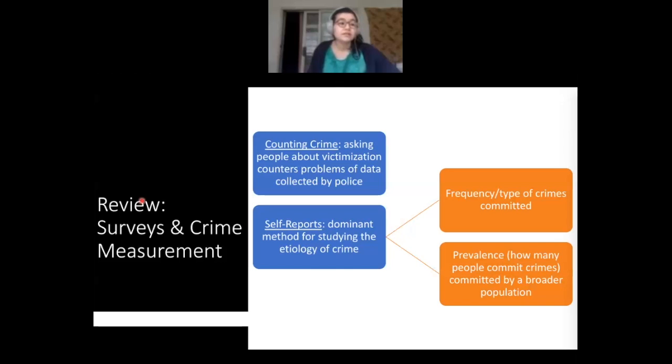And so in regards to counting crime, surveys can have their own issues, right? When we're talking about victimization surveys, there's definitely an issue with recall error. Sometimes, especially when you're dealing with trauma, people don't necessarily remember what happened, or they're reluctant to discuss the victimization with interviewers face to face, because that might be a little intimidating.